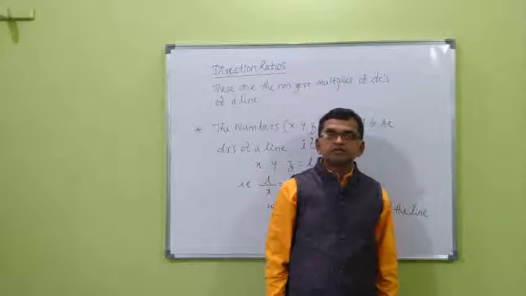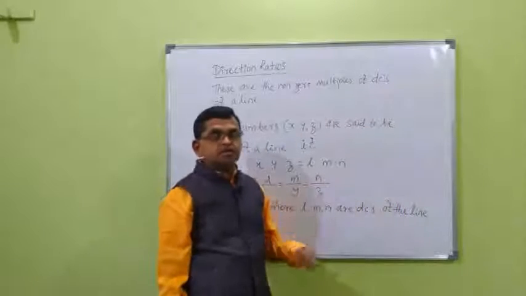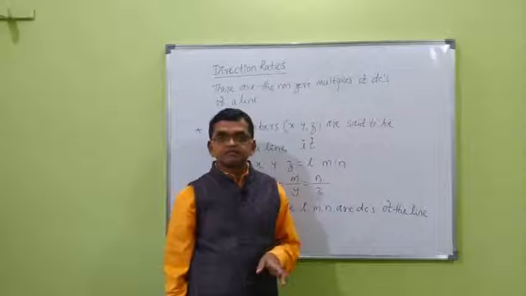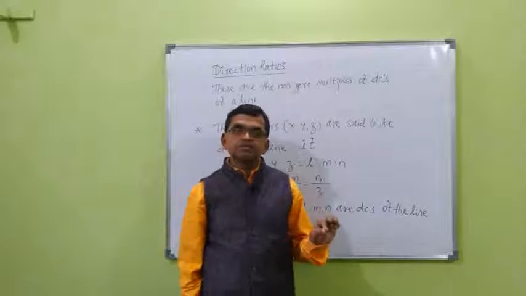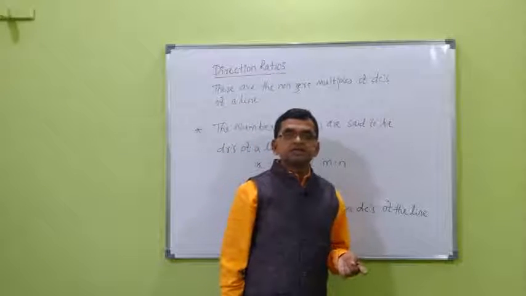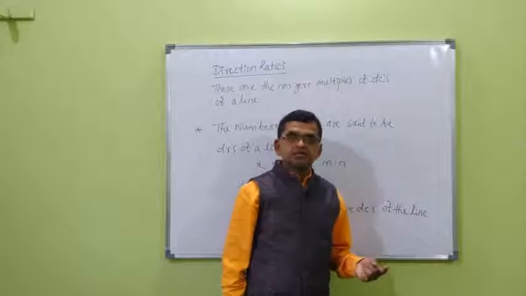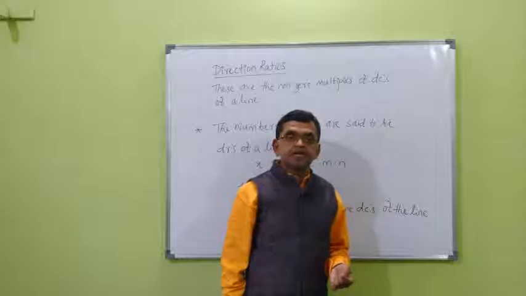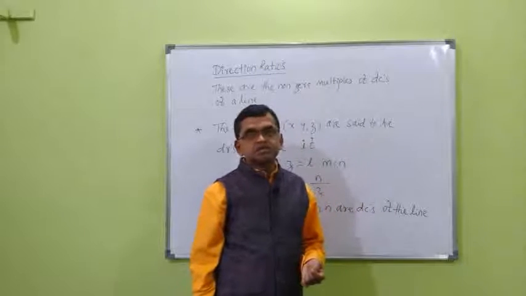They are called direction ratios if x is to y is to z is equal to L is to M is to N, or L by x should be the same as M by y is equal to N by z, where L, M and N are the direction cosines of a line.